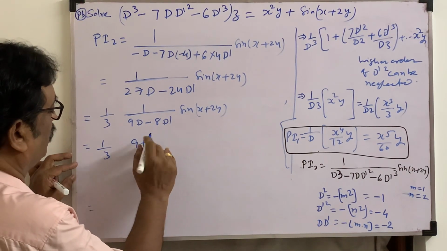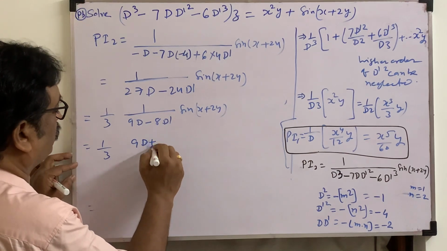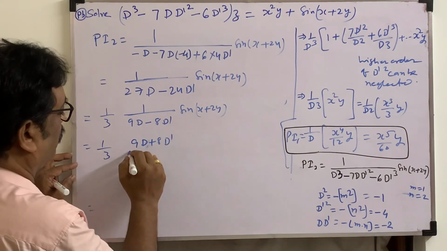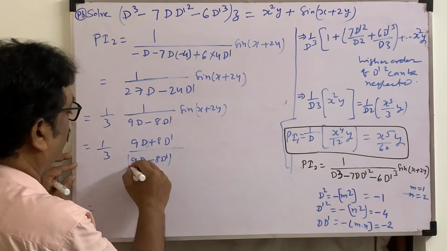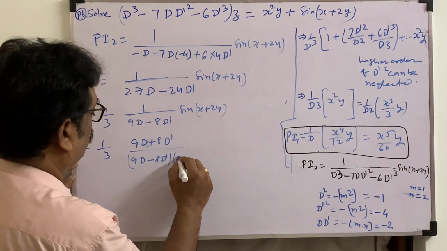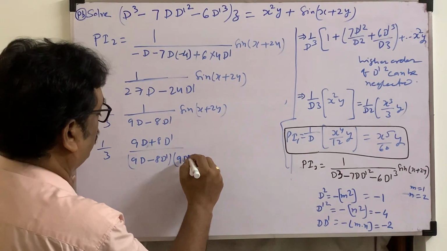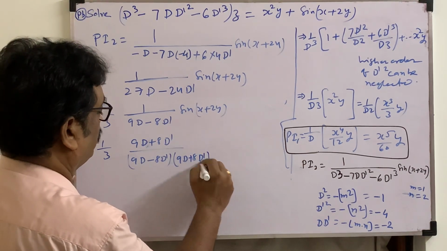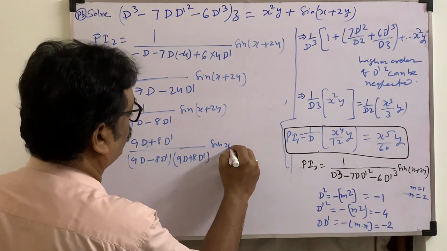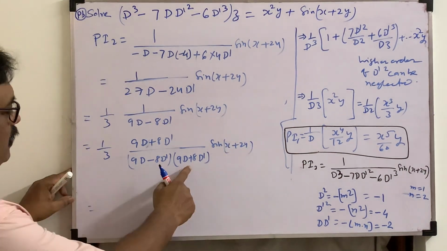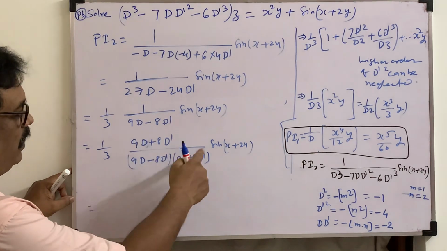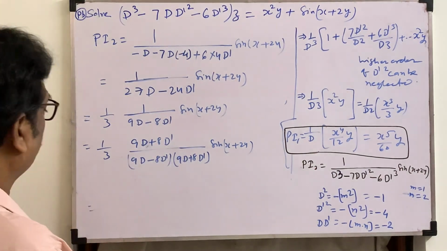So 9D plus 8D dash, divided by 9D minus 8D dash, and here also 9D plus 8D dash, sin x plus 2y we are writing. So this is called conjugate. This and this will again get cancelled, so the same thing will come. Now why did we do it like this?